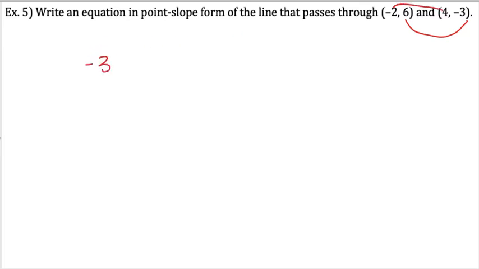So negative 3 minus 6 divided by positive 4 minus a negative 2. And so our slope here, if you add the opposite, you would get negative 9. Double negatives change to positive, negative 9 over 6.